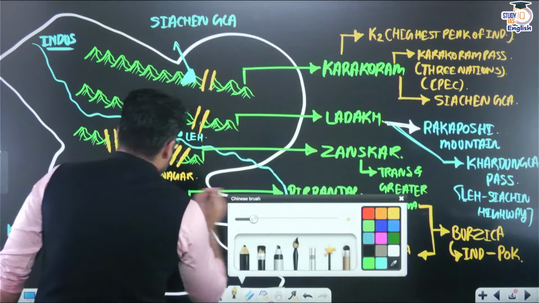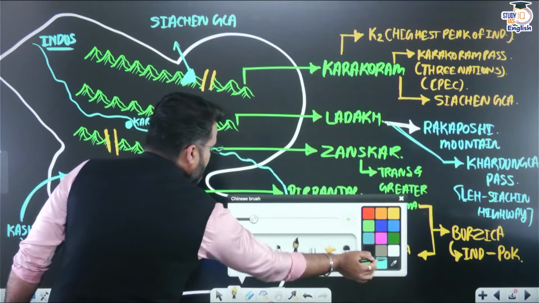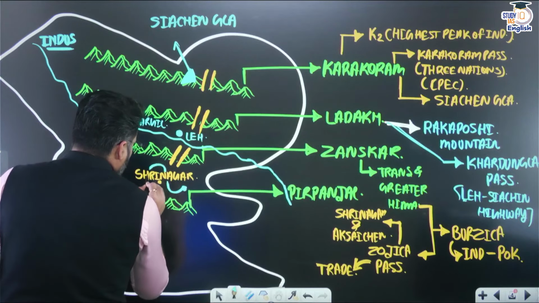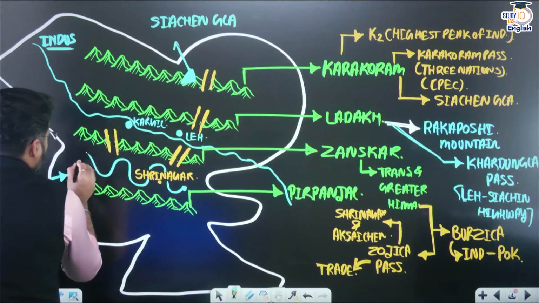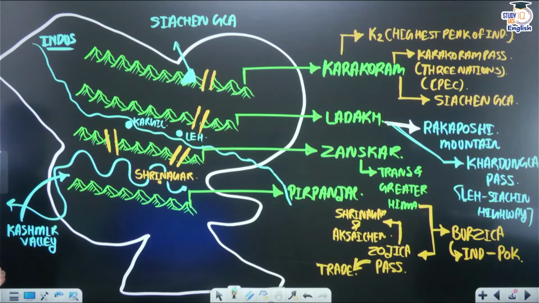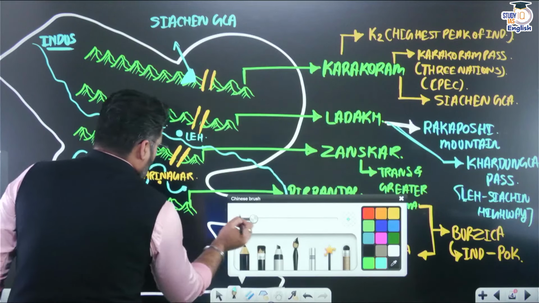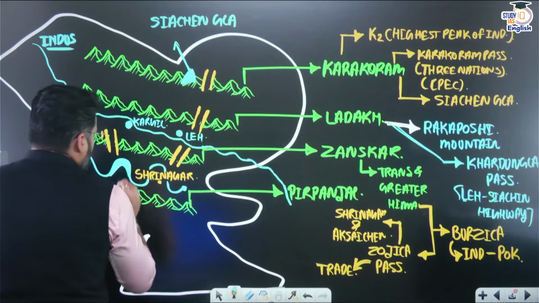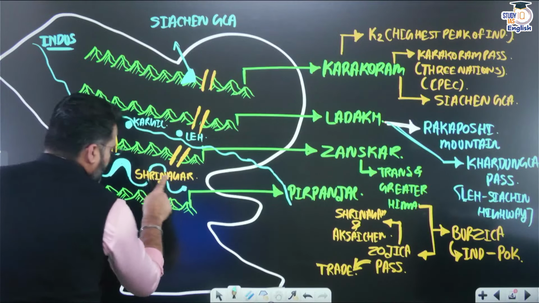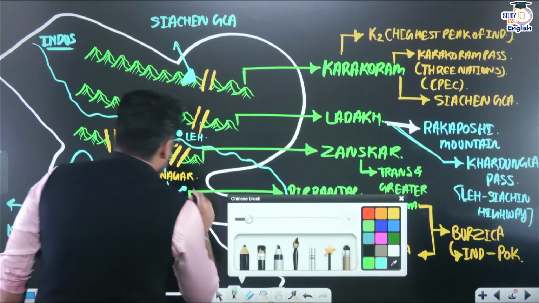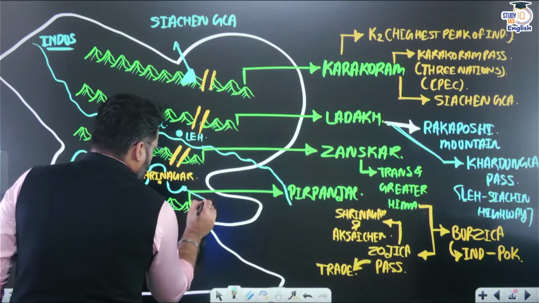See, this is Srinagar. There is a river called the Jhelum River. This river meanders in the Kashmir Valley, and then goes on to Pakistan. It also has a lake, a type of Oxbow Lake, named Wular Lake. So this is Srinagar. This river is called Jhelum. Let me mention the name. This is called Srinagar, and the river is called Jhelum.